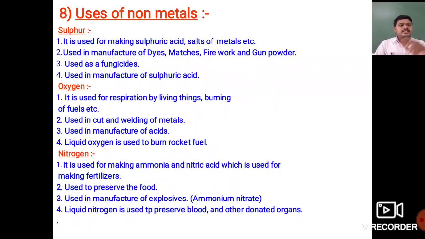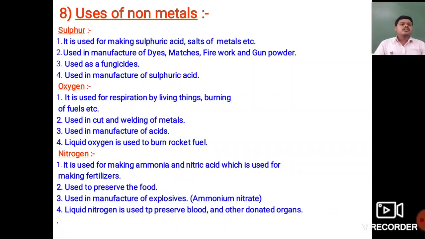And then let us discuss another type of non-metal, that is oxygen. As we know that this oxygen is very important for all the living organisms. Oxygen is a respiratory gas for each and every living organism, and oxygen is very essential for burning.